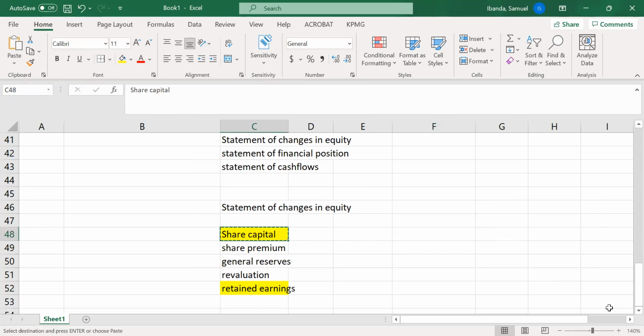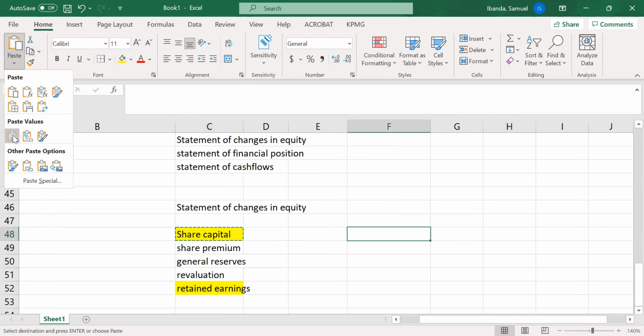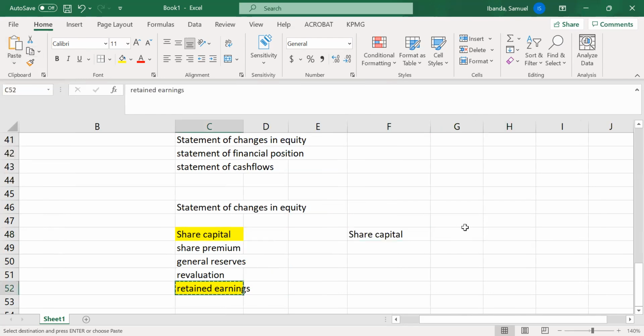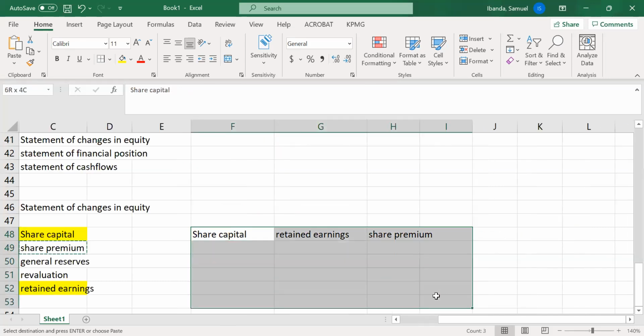Now, the statement of changes in equity has columns, and columns are dependent on the information you provided. For example, if we have share capital being provided, we'll have our share capital there, we'll have our retained earnings there, and let me just add one more, we shall have our share premium. If this is the information we have been provided, then these will be our columns.